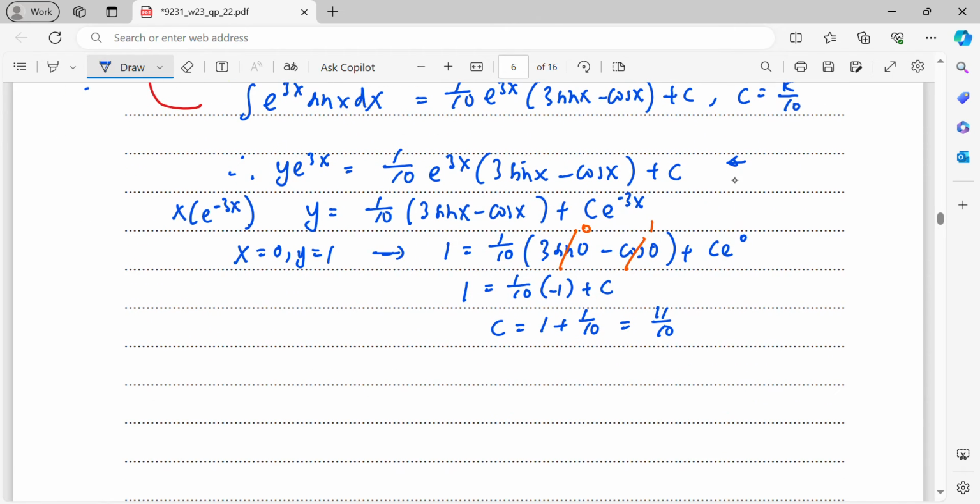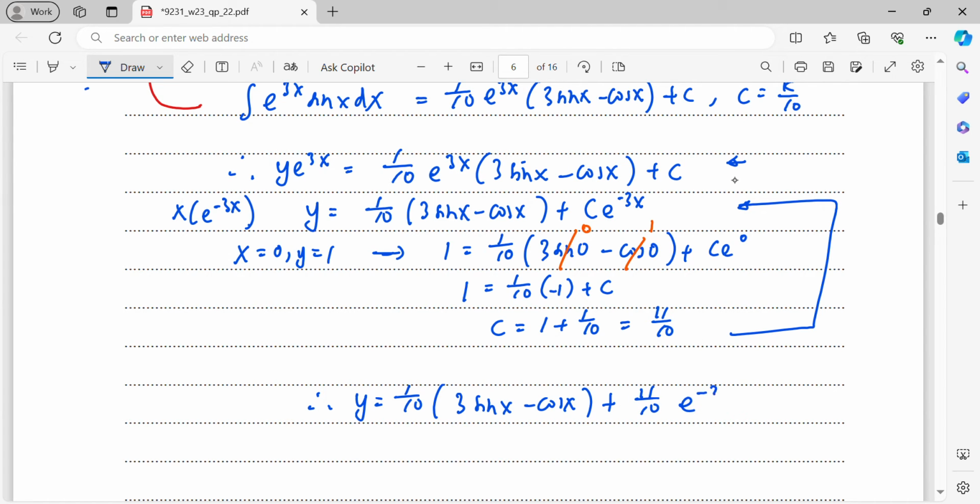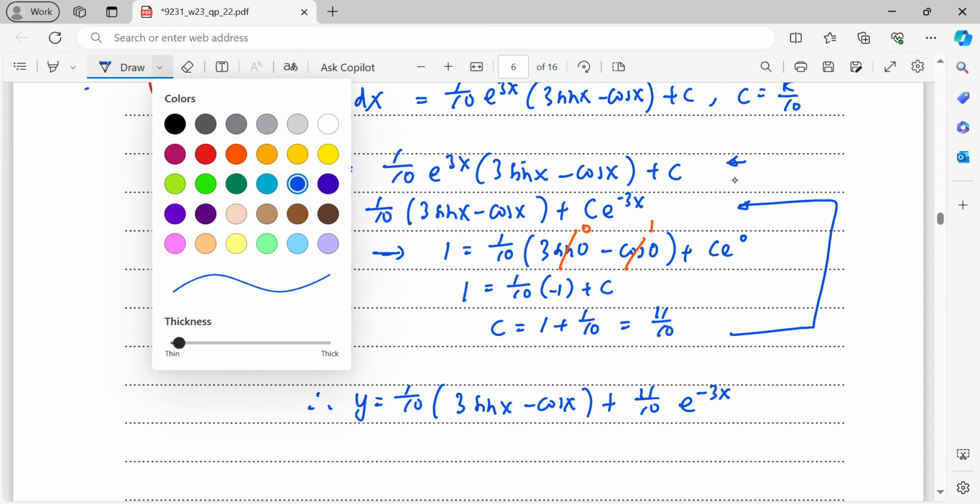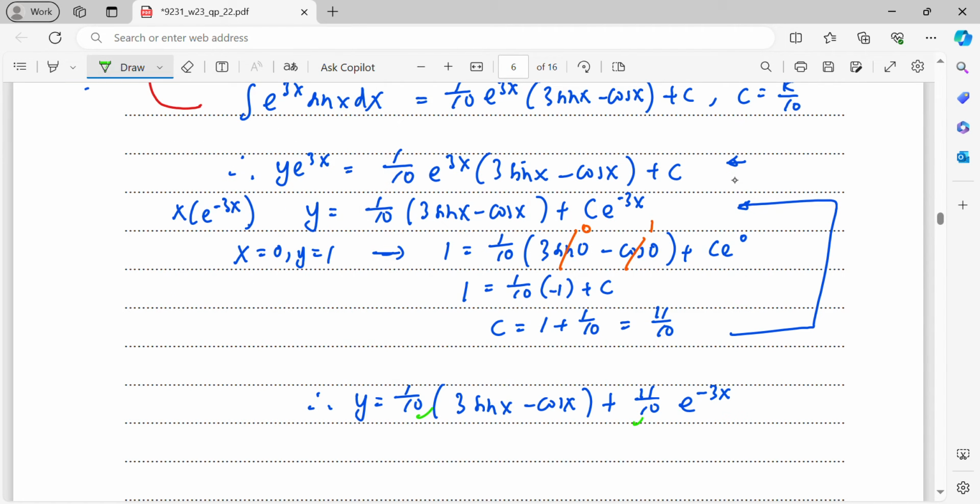Then my final answer, just substitute back into your solution. That is 1 over 10 (3 sine x minus cos x) plus 11 over 10 e negative 3x. Since both are over 10, I can factorize the 1 over 10. So this is going to be 1 over 10 (3 sine x minus cos x plus 11 exponential negative 3x). So that is your solution.